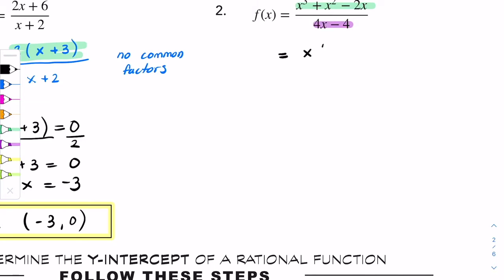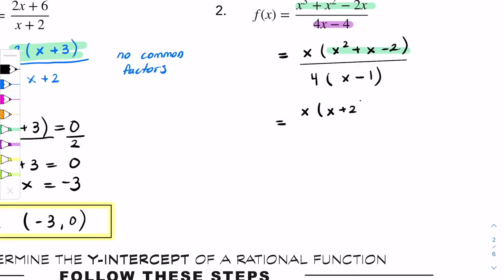The numerator, we can take out an x, left over x squared plus x minus 2, divided by the denominator, which we can factor out a 4, left over is x minus 1. The numerator can be factored again. We can factor x squared plus x minus 2 to get x times x plus 2 times x minus 1, all divided by 4 times x minus 1.